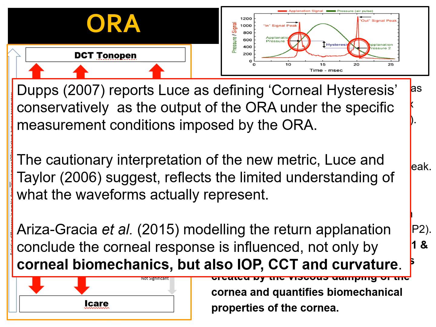So Dupps reports Luce as defining corneal hysteresis more conservatively. So they had this great claim about it really is a measure of corneal biomechanics. But originally, Luce defined it conservatively as the output of the ORA under specific measurement conditions imposed by the ORA.